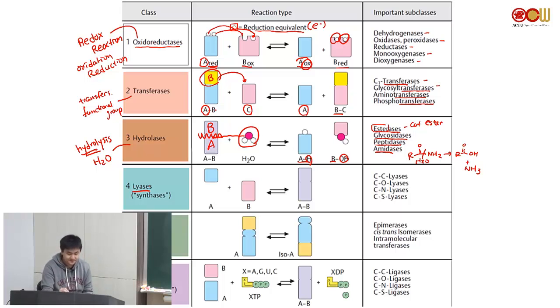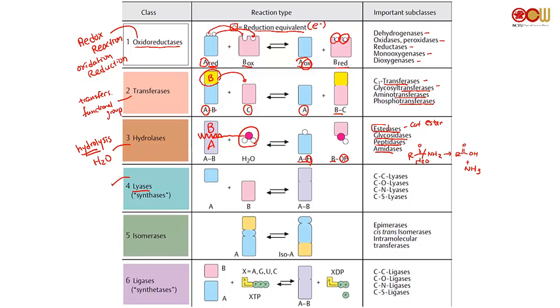So lyase, essentially, is to lyse something. So using a simple diagram, you have B and A, and then you just cut it without water, without anything.